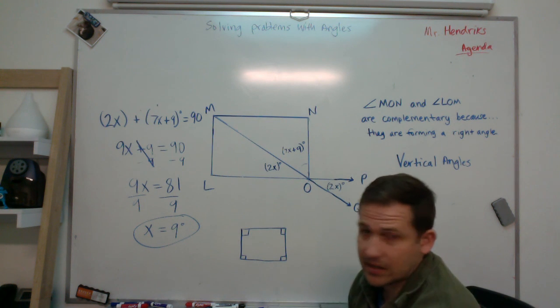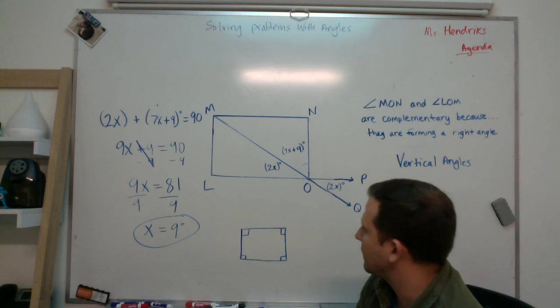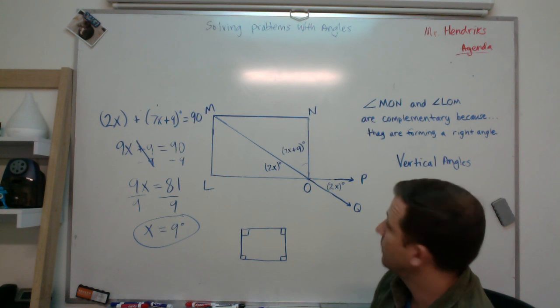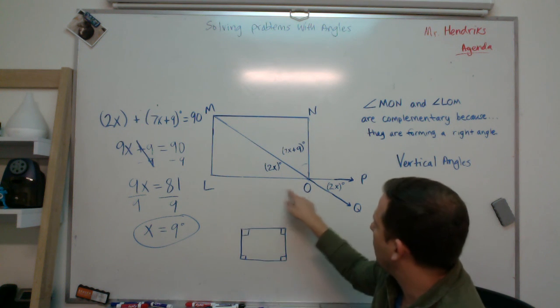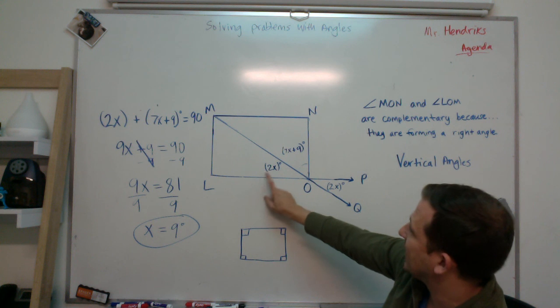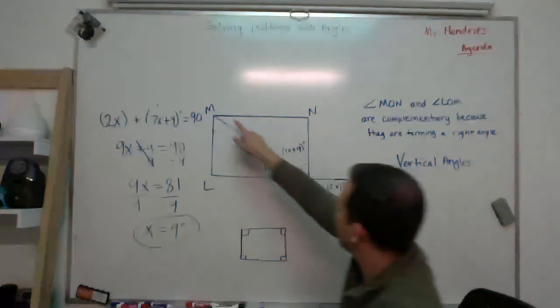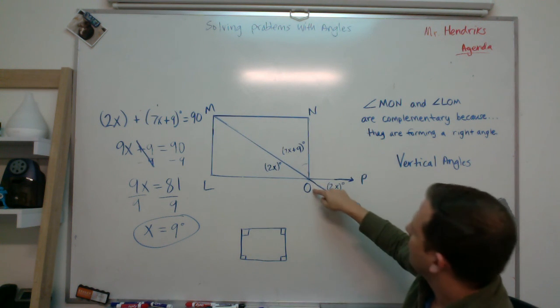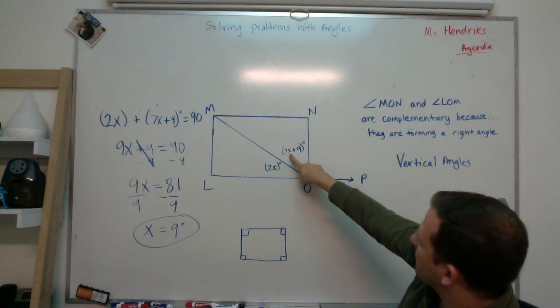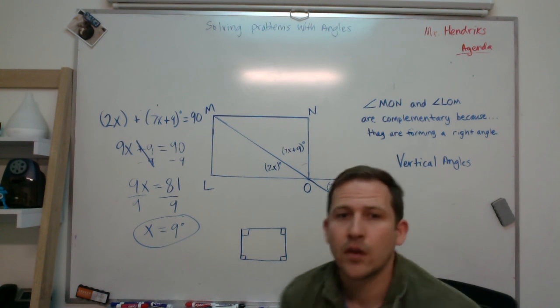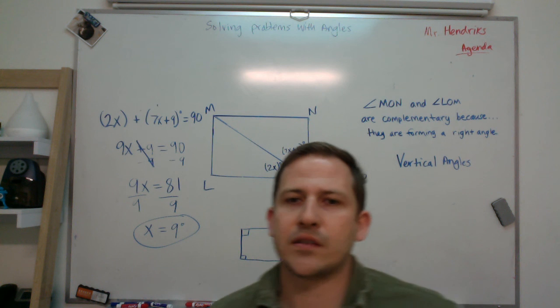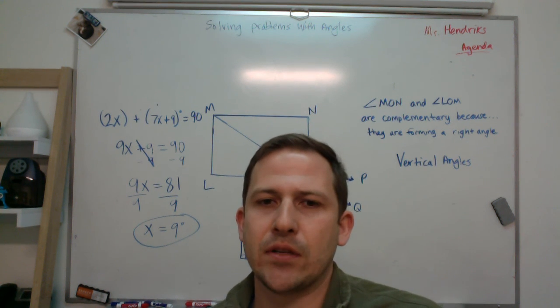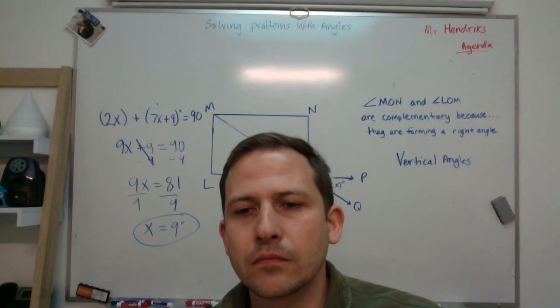So, further in the problem, you'll be asked to use that information. If we know that x is 9 degrees, we can now figure out angle LOM by plugging in 9 for x. We can also find angle MON by plugging in 9 for x here as well. So, good luck on that problem, and I'll see you on page 197.